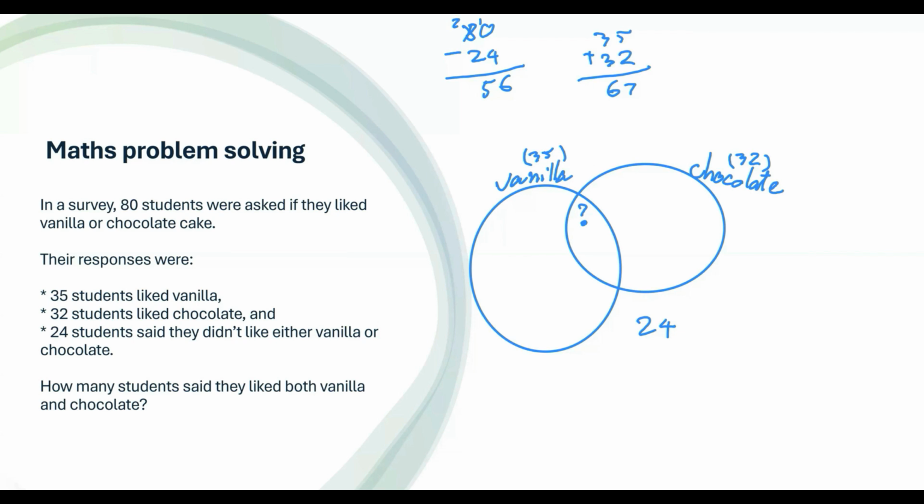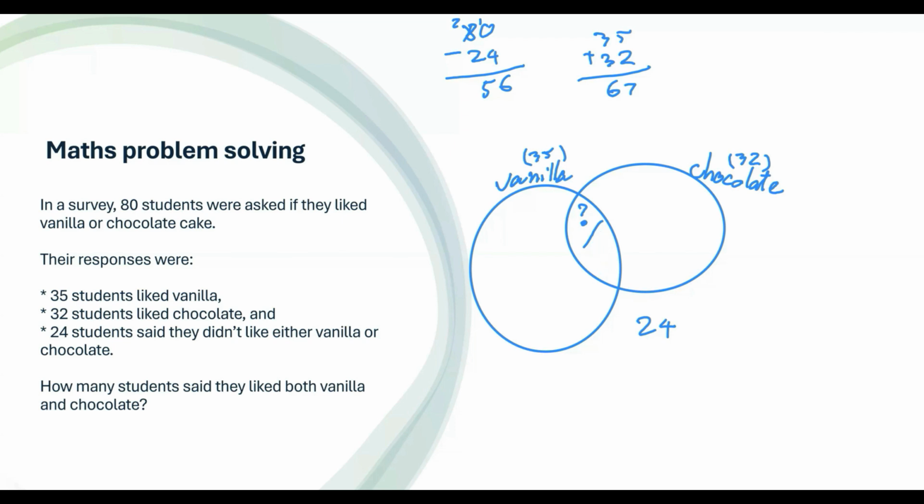Because 67 is higher than the 56 students that are supposed to go into the two circles. So why is that? Because of the double counting. When you count for vanilla, you count the section in the middle too. And when you count your chocolate, you also count that as well. So you need to get rid of the double counting.